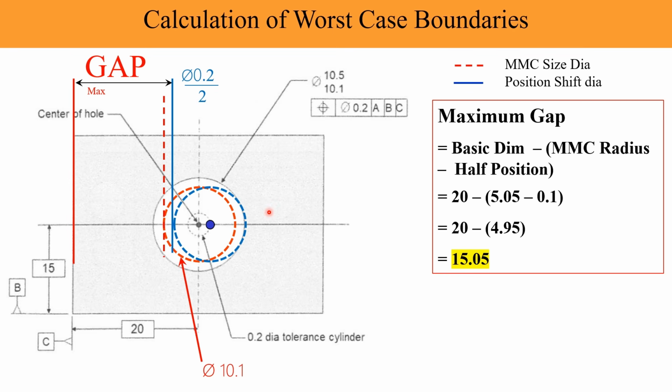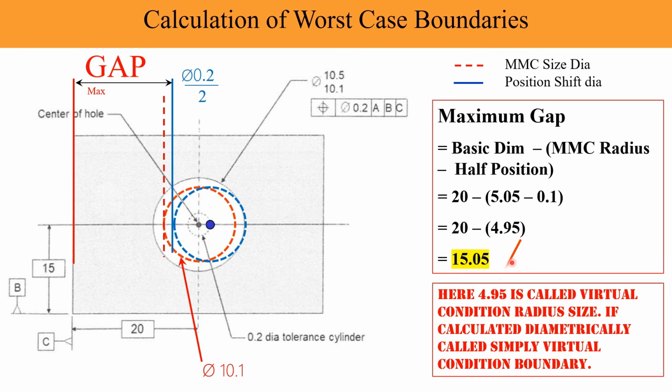Maximum distance is equal to basic dimension minus MMC radius minus positional tolerance, and that is half. 20 minus 5.05 minus 0.1, which gives 20 minus 4.95, and the final reading is 15.05.